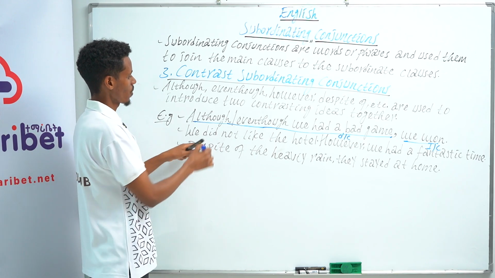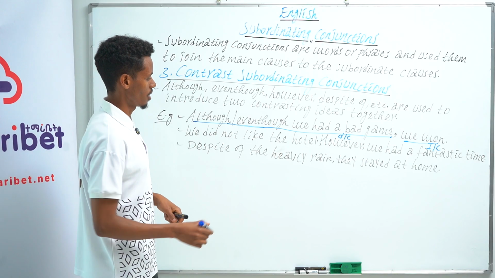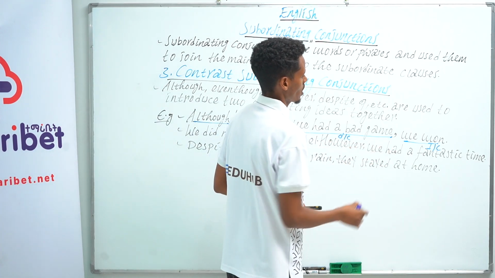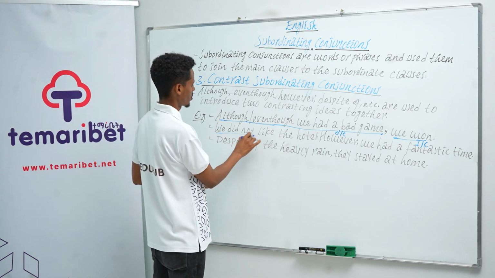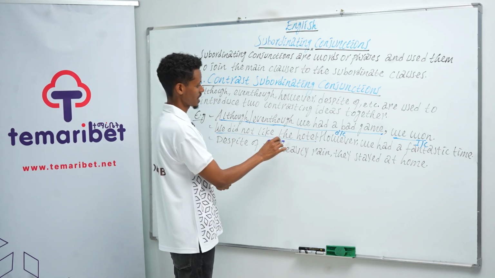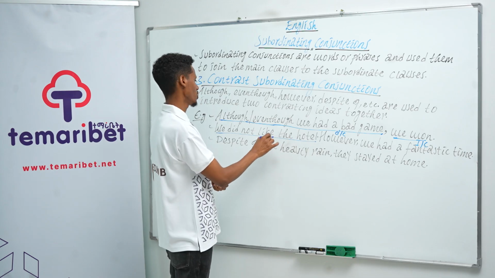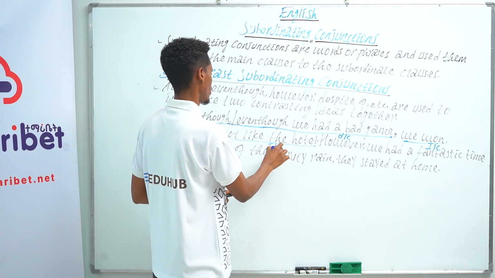The next one, we did not like the hotel. However, we had a fantastic time. Here, start from the pronoun, the doer of the action of the sentence, up to the full stop. This one is the independent clause.